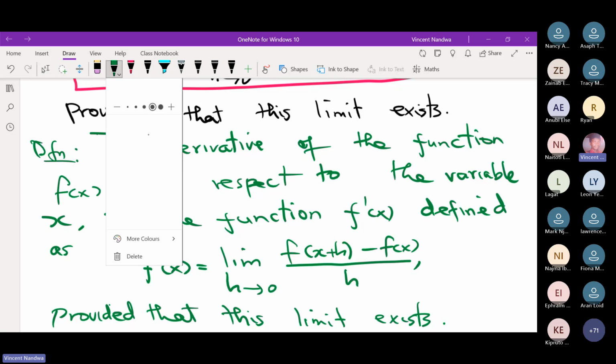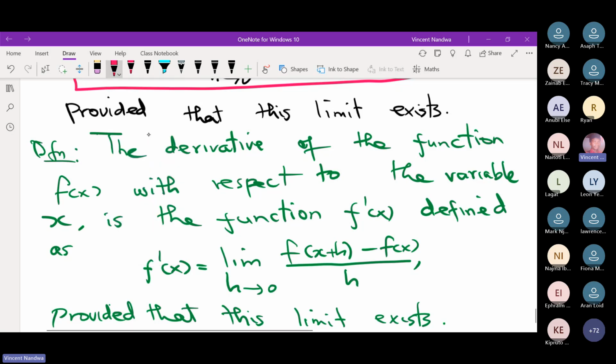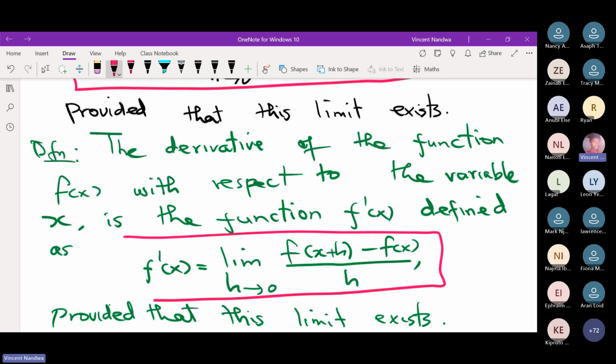So this is how we define a derivative of a function f of x. Remember h is a small change in x. So the limit as a small change in x approaches 0 of this difference quotient, f of x plus h minus f of x divided by h.